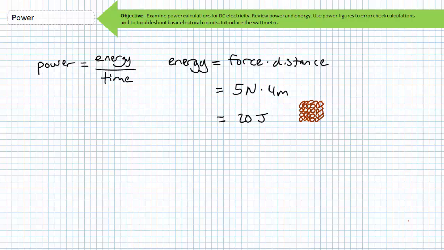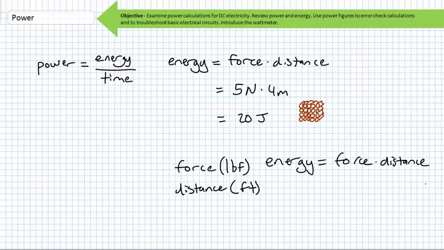We'll come back to the purpose of this visualization in a moment after we deal with the dim-witted savages who don't use the metric system. If you want to use archaic and unwieldy units to describe energy, you could move an object that resists you in units of pounds force, a certain distance in feet. Energy is still force times distance, so the derived energy unit is a foot-pound force.